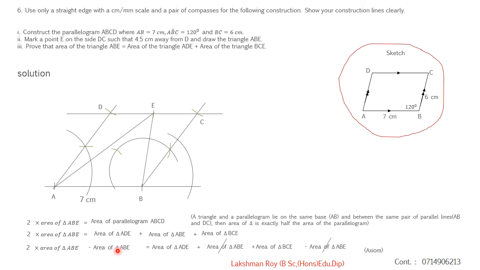Area of ABE triangle. Then what happened to the right side? The area of ABE triangle, you subtract area of ABE triangle, so that also cancels out. Then what remains here is area of ABE triangle, and this side, what we want: area of ADE triangle plus area of BCE triangle. So that is a proof.